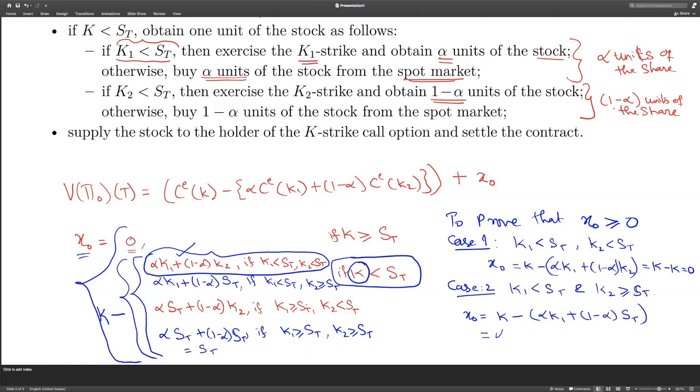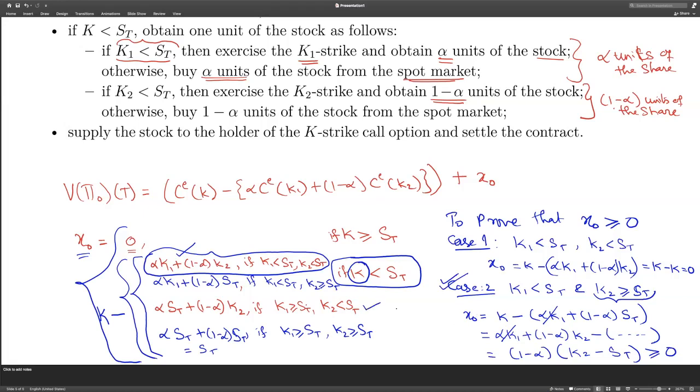K is nothing but alpha K1 plus 1 minus alpha K2 minus this term. So the alpha K1 gets cancelled and you have 1 minus alpha into K2 minus ST. But in this case, we have K2 greater than ST. Therefore, this is greater than or equal to 0. So in case 2 also, we have seen that X naught is greater than or equal to 0.